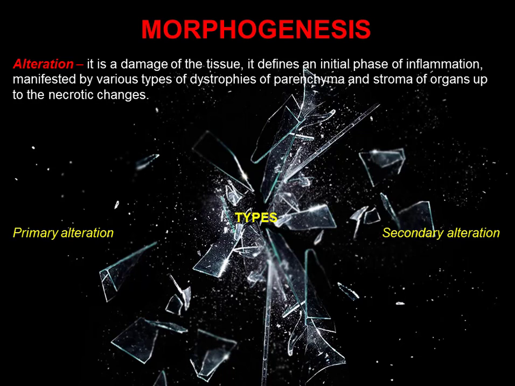The extent and nature of the alteration depends on the intensity and quality of the pathogenic factor, location of the damaged area, as well as resistance of the damaged structures to the whole body.